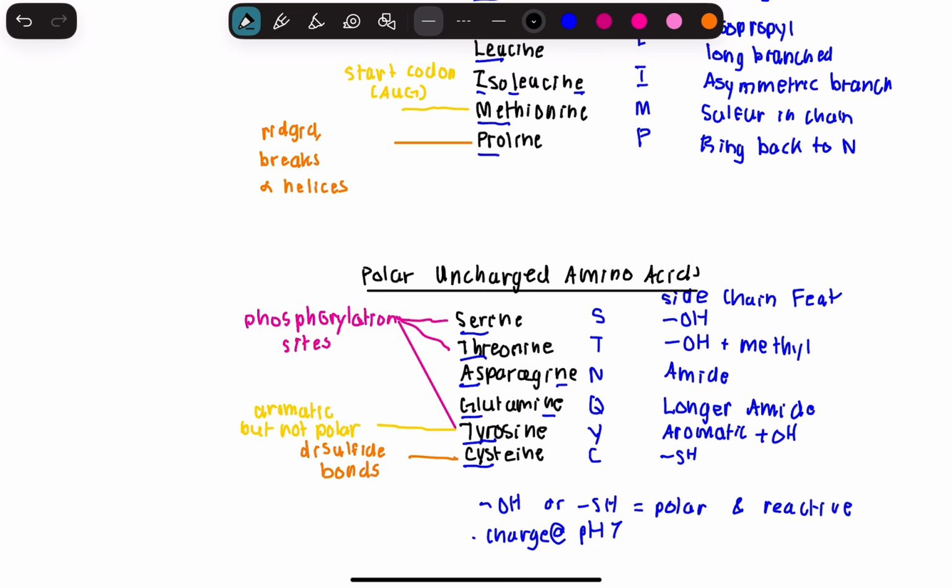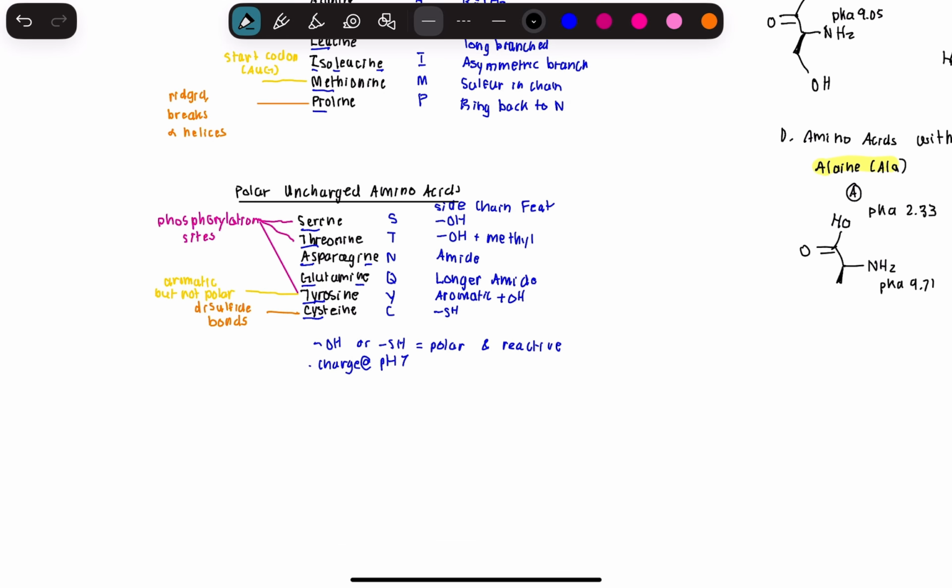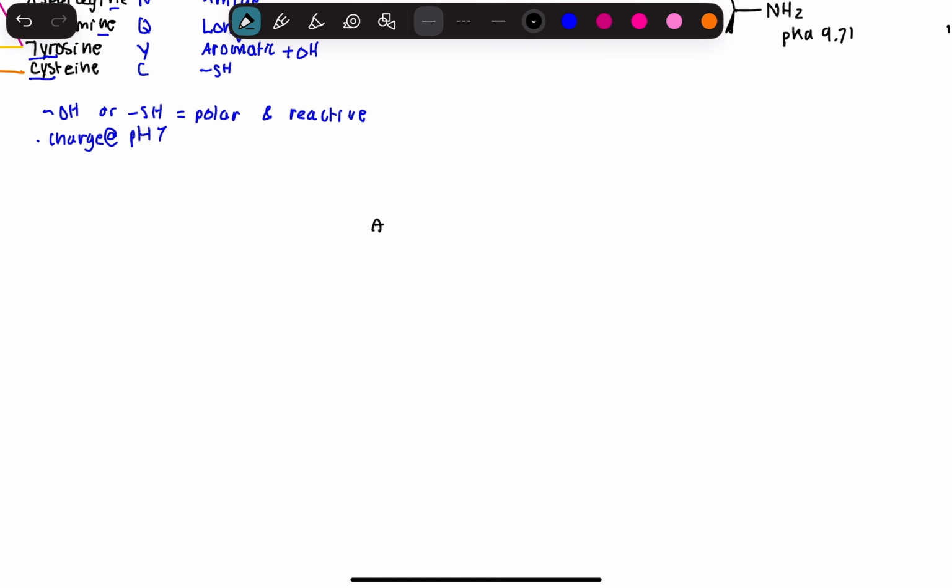Now, you also need to know your acidic, negatively charged amino acids. So there's just two.